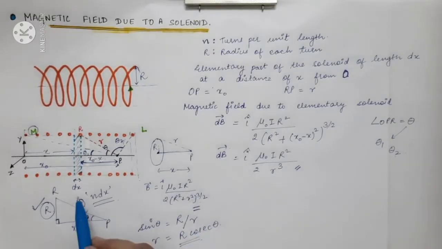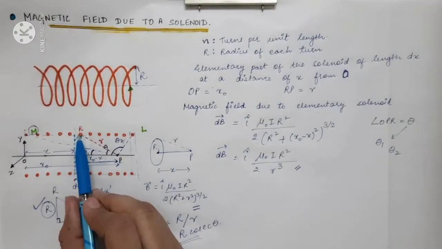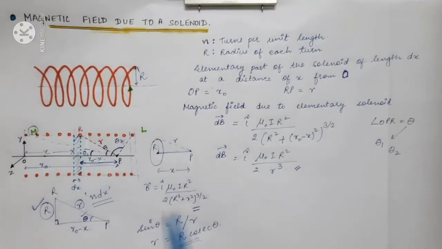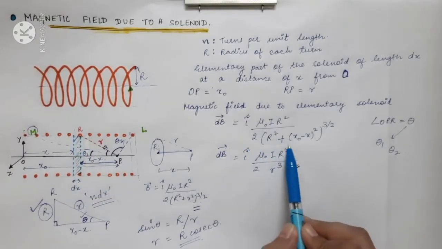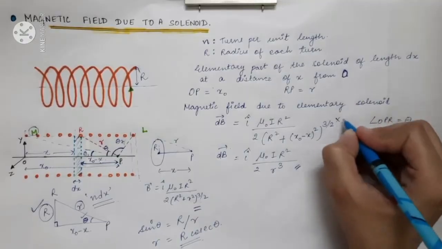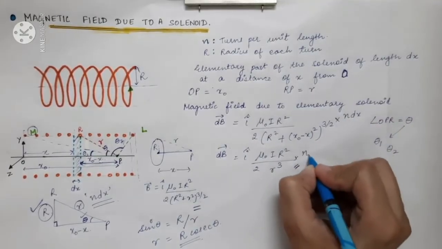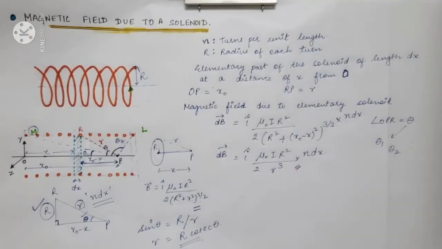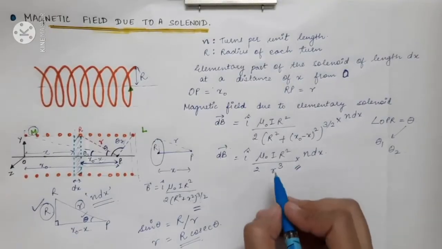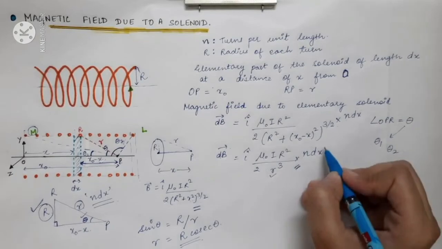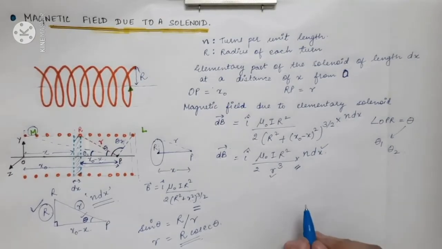So what will be the magnetic field at this point due to this whole elementary length? That will be just equal to this expression times the number of turns, which is n dx. So in this formula r is a variable, and now dx is also a variable.